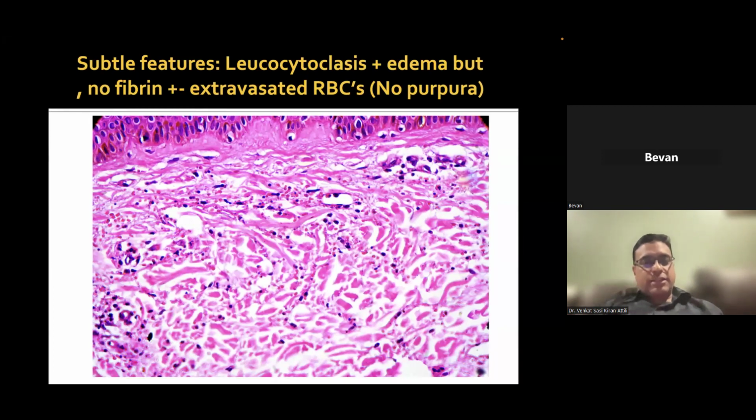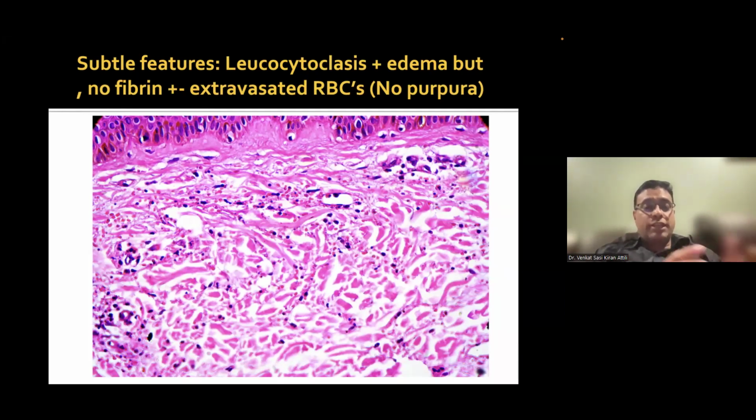There is red cell extravasation, but it is not significant. That's why you don't see purpura primarily, but once the lesions heal up, they may leave purpuric marks, okay? So urticarial vasculitis is essentially leukocytoclastic vasculitis without much in the way of red blood cell extravasation. The features are subtle. There's marked edema resembling urticaria, and therefore it is called urticarial vasculitis.